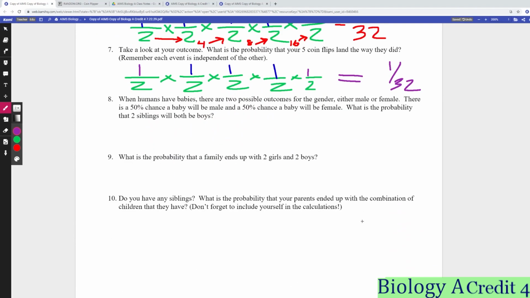Now, we can apply this same thing and figure out the probability of offspring outcome. From a chromosomal standpoint, we deem males as having an X and a Y chromosome, and females as having 2 X chromosomes.